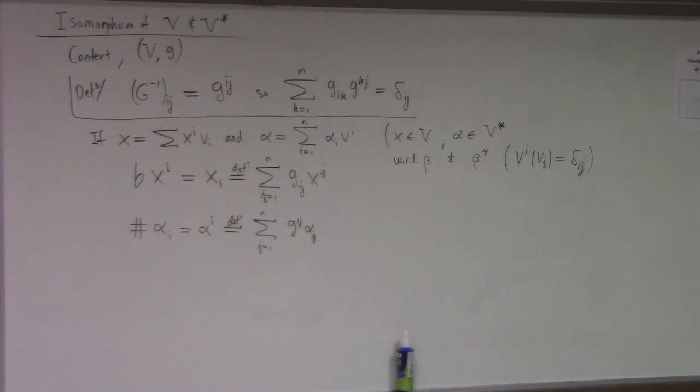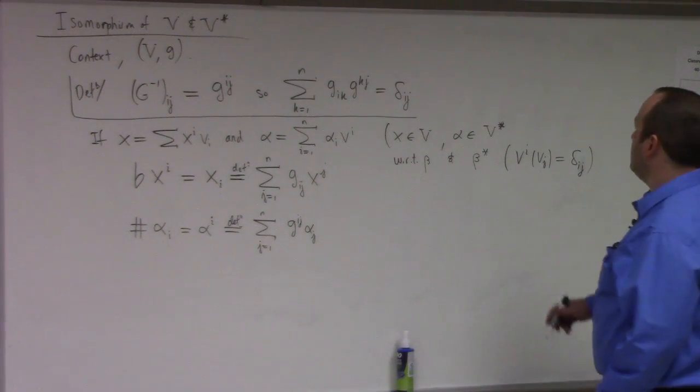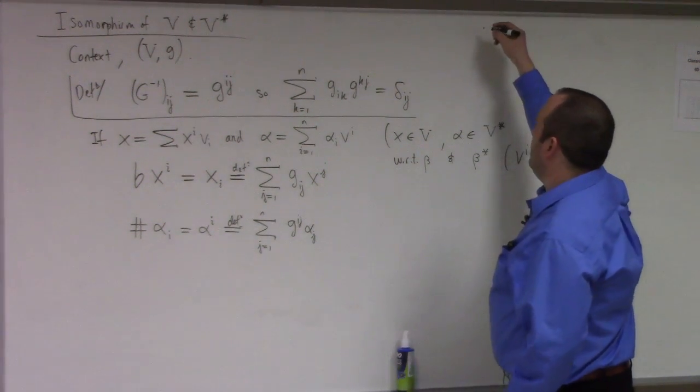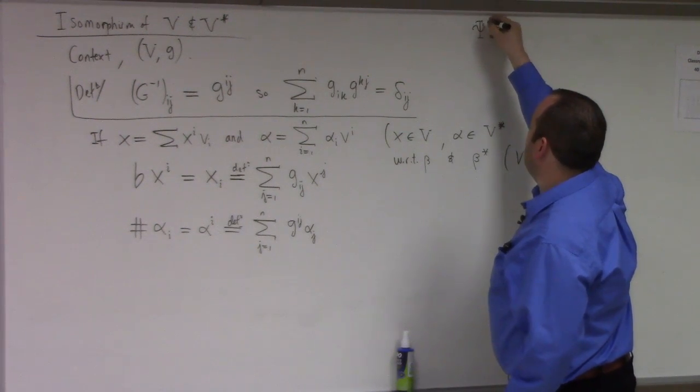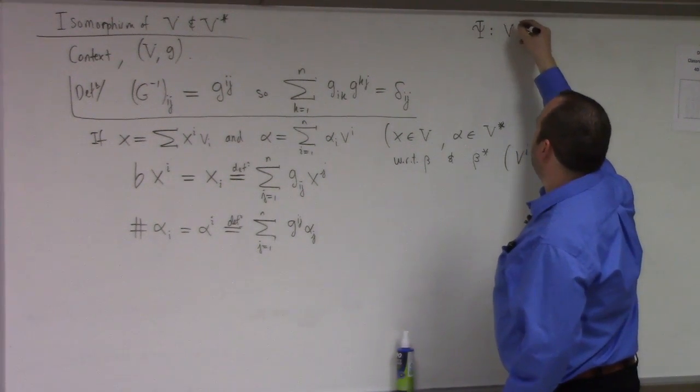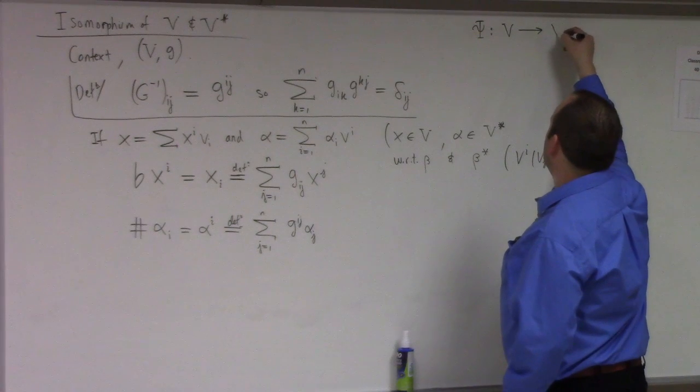Let me show you how we can use these musical morphisms to actually construct an explicit isomorphism from V dual to V and vice versa. So here's the deal. I want psi to be a mapping from V to V dual.